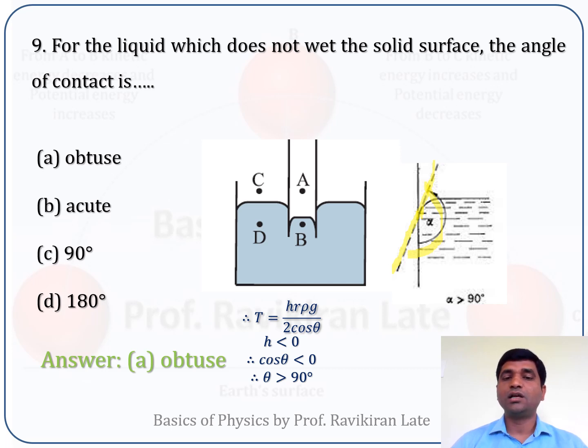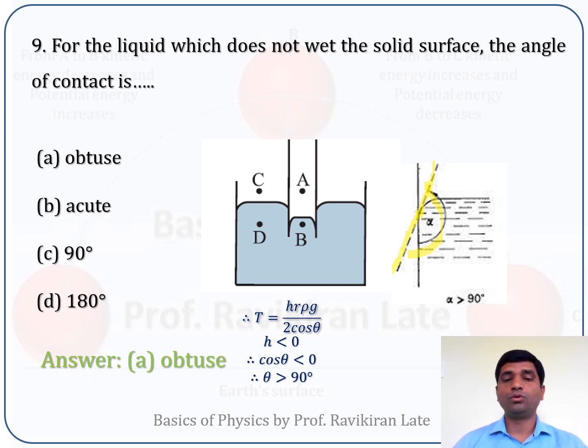Then the rest of the quantities T, r, rho, g and number 2 are positive quantities. If you calculate cos theta from this, its value comes out negative, and we know that cos theta is negative if the angle is greater than 90 degree, meaning it is an obtuse angle.